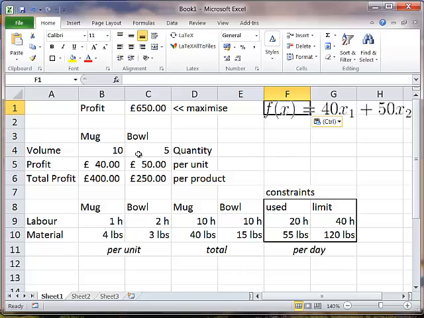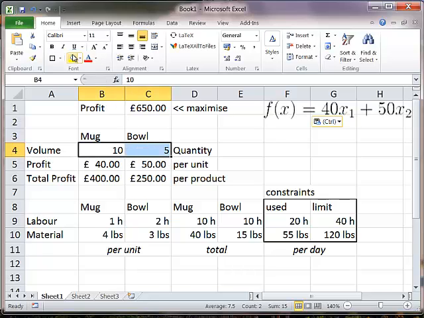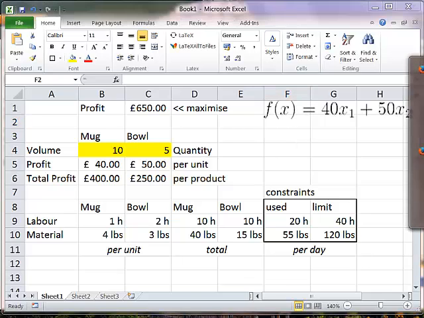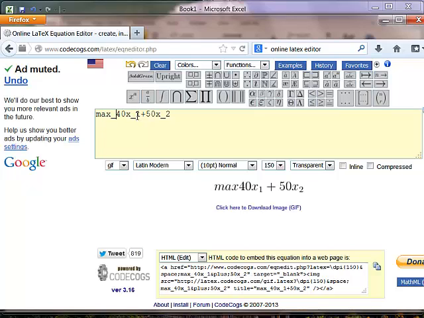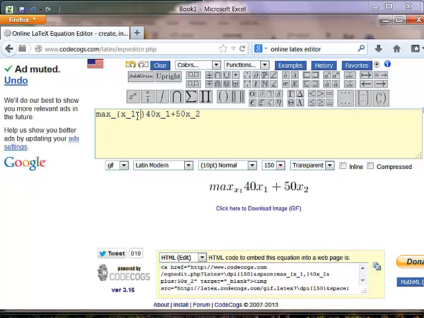So this is x1 and this is x2. So these are our decision variables, and we want to maximize f(x). Okay, let me just do that quickly. So maximize f(x), max, what are we maximizing over? x1 and x2.